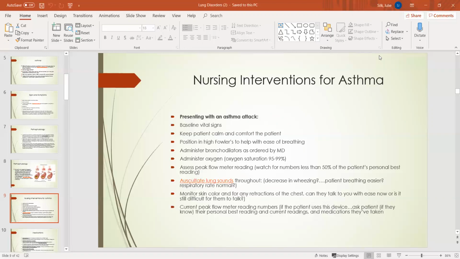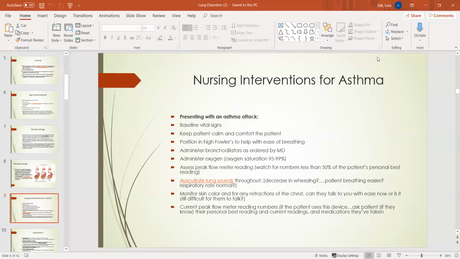It's typically a little white meter that's maybe this long. The patient puts their mouth around the mouthpiece, and the respiratory therapist will say, blow out as hard as you can. So you just blow out as much as you can. And there's a little indicator on it that will move up or down depending on how much they blow into it. And that's the number that you're looking at.